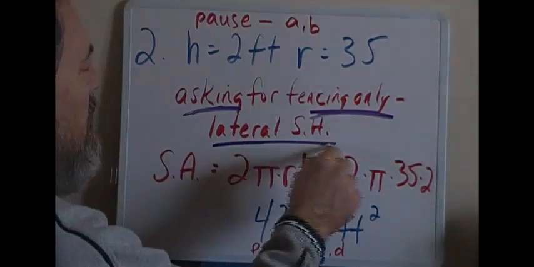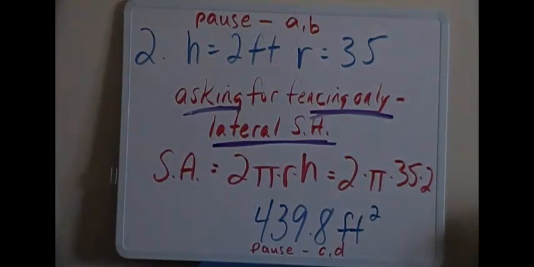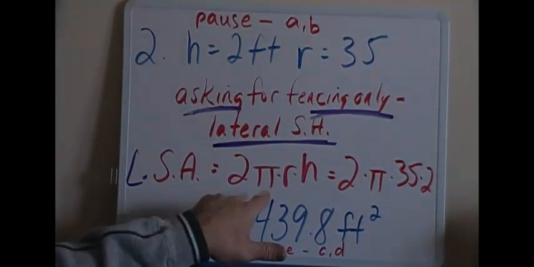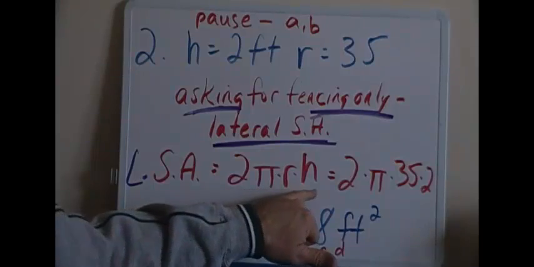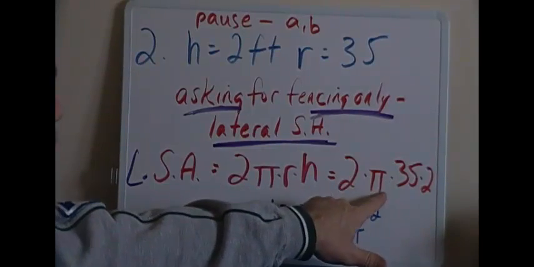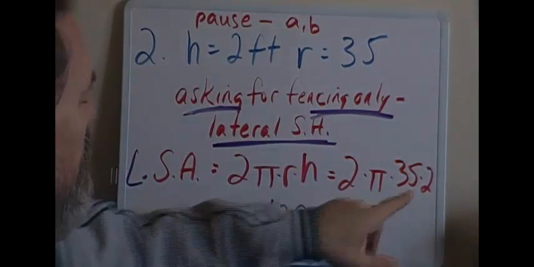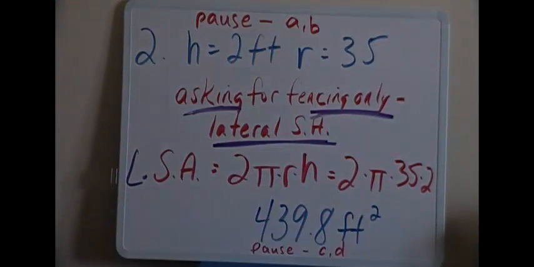Or in other words, in official words, a lateral surface area. So we just use the lateral surface area, which is the 2 pi r h. So it's 2 times pi times a radius of 35 times a height of 2. And again, put it into the calculator, it is 439.8 square feet. Pause and do letters C and D.